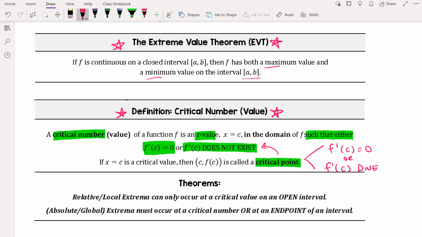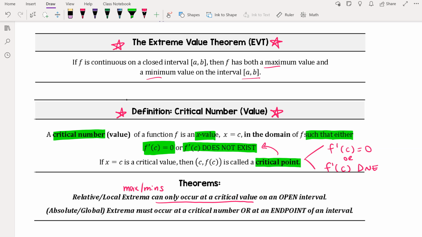Okay. And y'all, you need to know this. Last thing. Write it down. Relative or local extrema. Remember, extrema means maxes and mins.